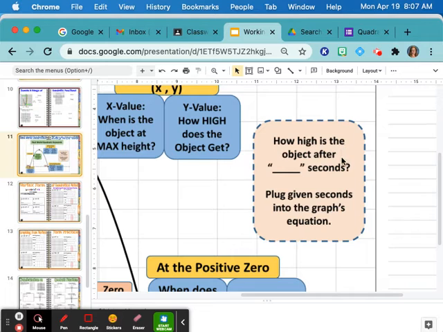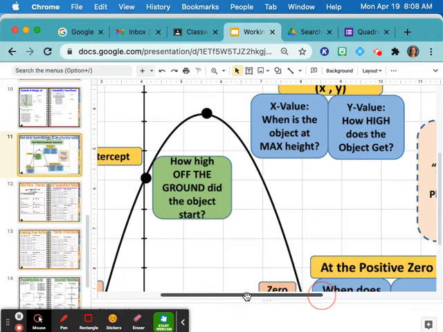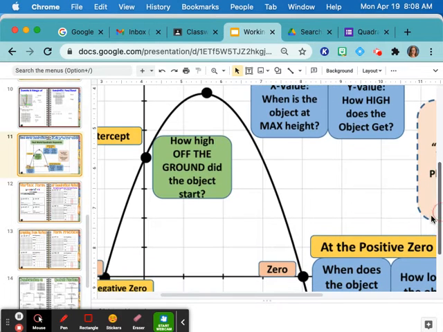How high is the object after blank seconds? So plug in the given seconds into the graph's equation. How high is the object after 2 seconds? If we count these all as 1, the x-axis is our time. So let's say 2 seconds. How high is the object? 1, 2, 3, 4, 5. So what is that?